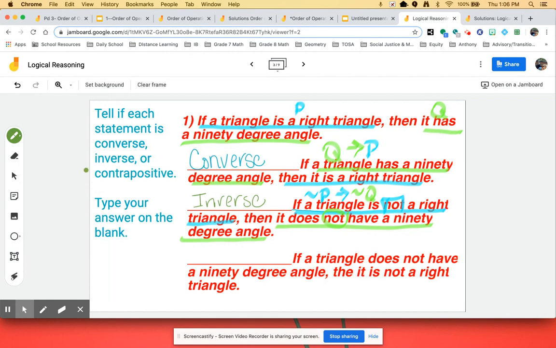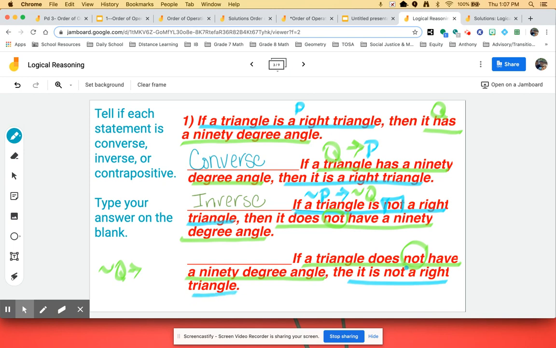And then our last one is if a triangle does not have a 90-degree angle. So the Q was the 90-degree angle part, but again, this is negated, does not have a 90-degree angle. So if not Q, then it is not a right triangle.